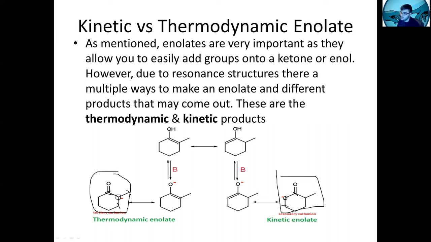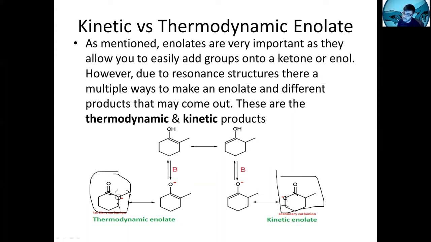So thermodynamically, it's more favorable to have the tertiary carbon. And so that's the thermodynamic product. However, the kinetic product, I won't go into why it's the kinetic product, but essentially, if it's not the thermodynamic product, it's the kinetic product. And that's a very safe assumption for the MCAT, at least.